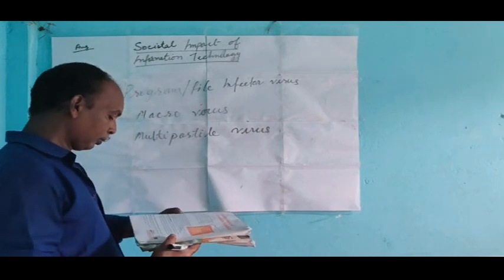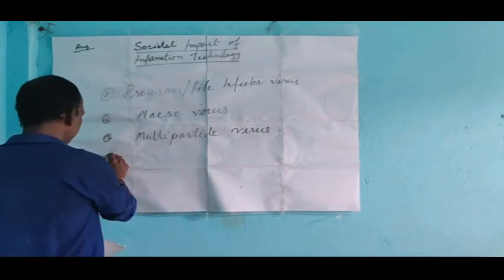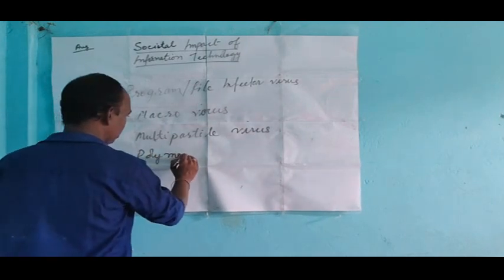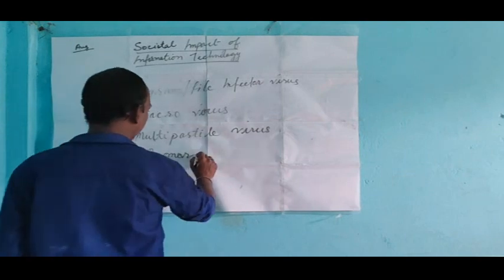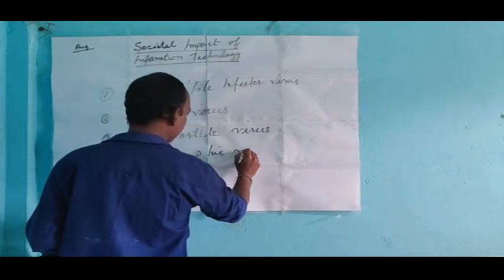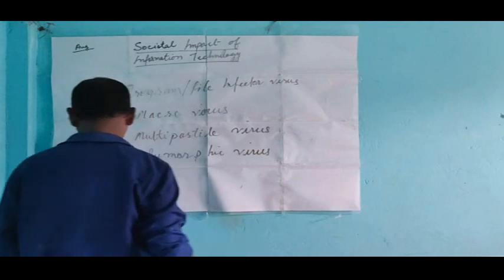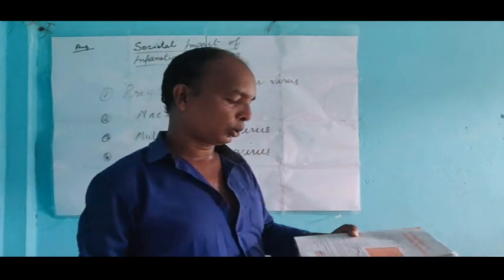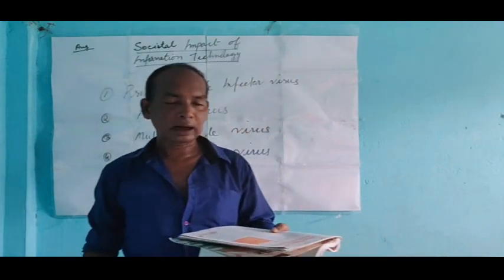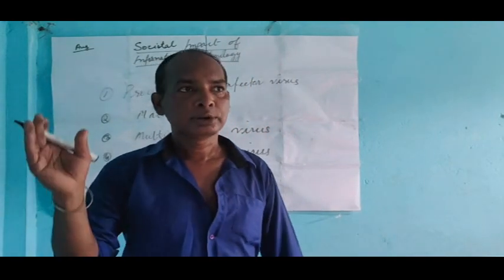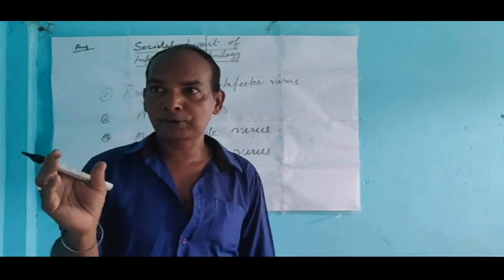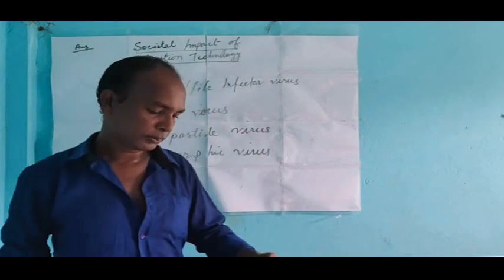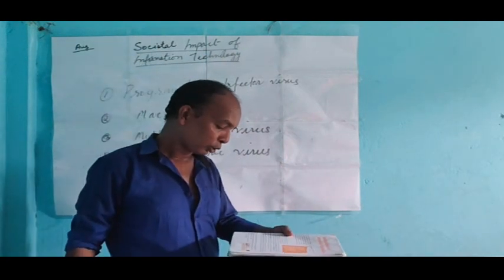Next one is the polymorphic virus. This type of virus changes its code when it passes to another computer system. Suppose you copy one file and send it to another system, automatically its code will be changed.